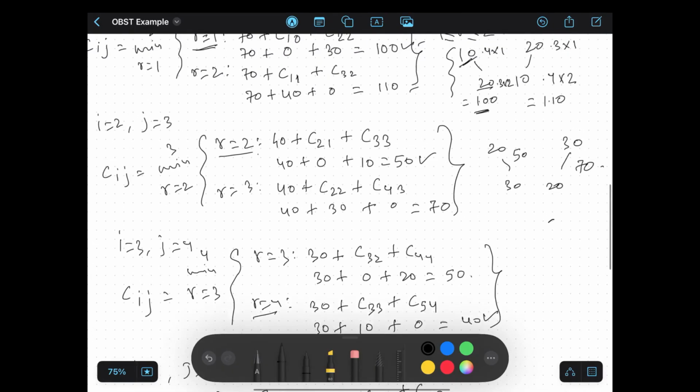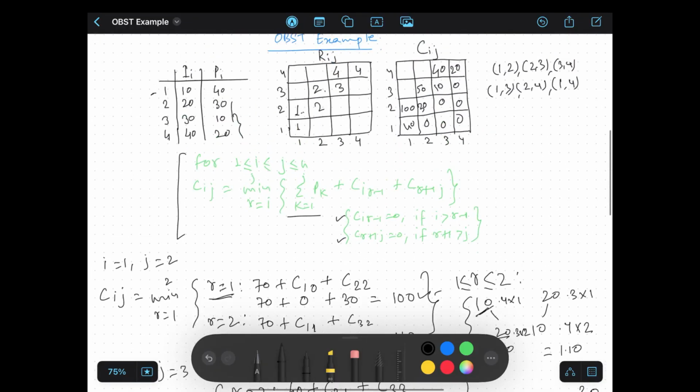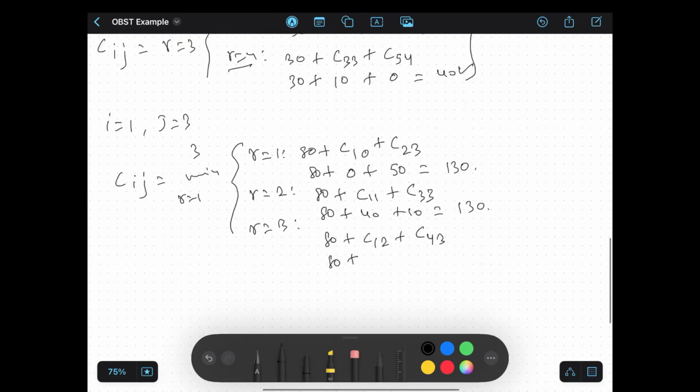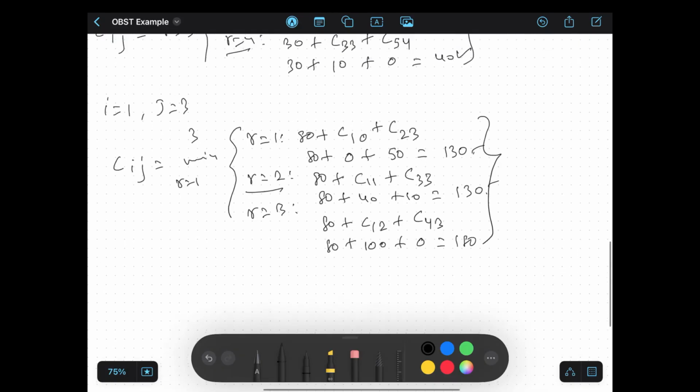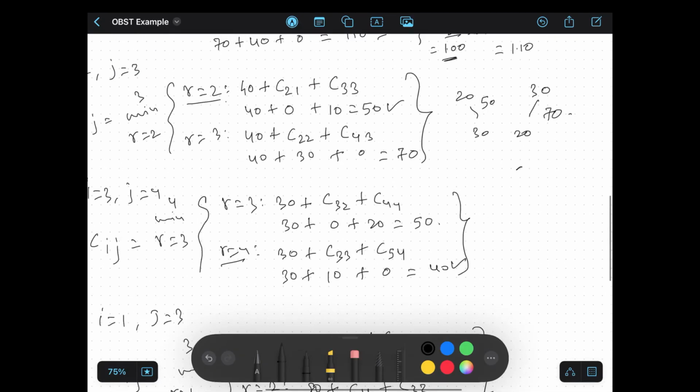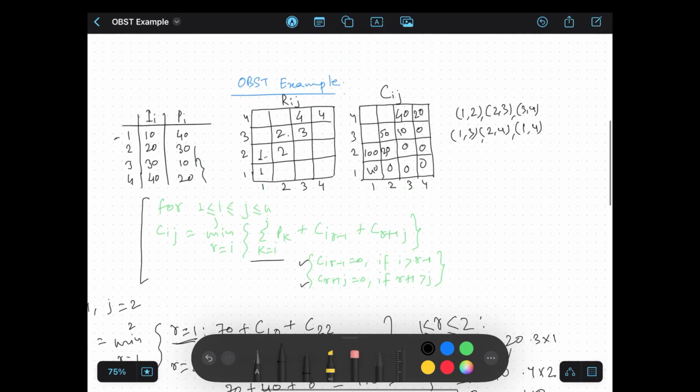So 1, 2 is 100 and this is 0, which is 180. So we have a tie. Let's say we are going to pick item 2. So cost of 1, 3 is 130, and we picked item 2.